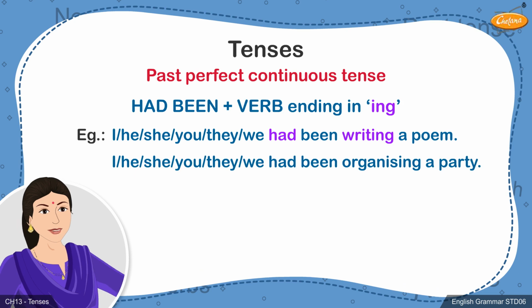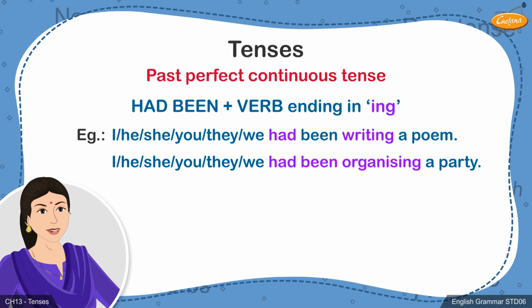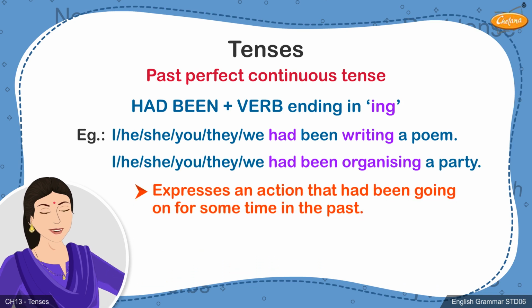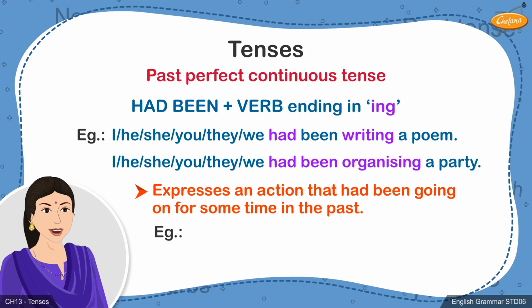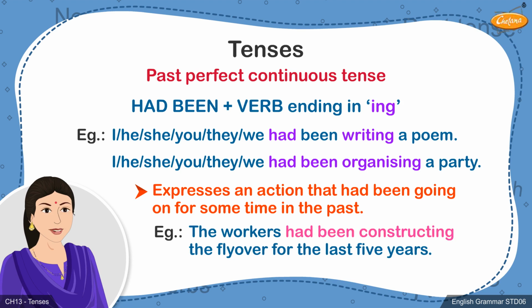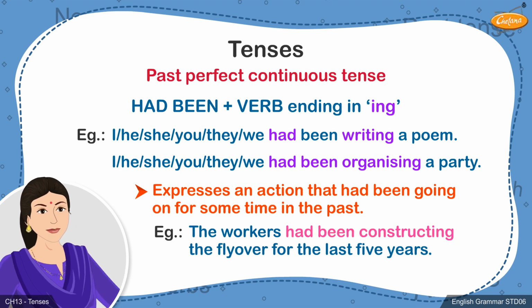I or he or she or you or they or we had been organizing a party. This tense form expresses an action that had been going on for some time in the past. Example, the workers had been constructing the flyover for the last 5 years.